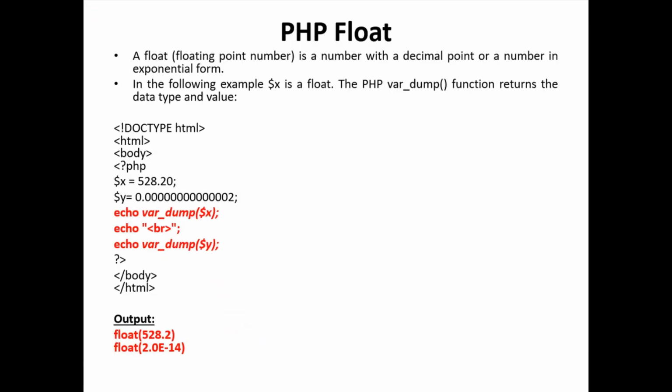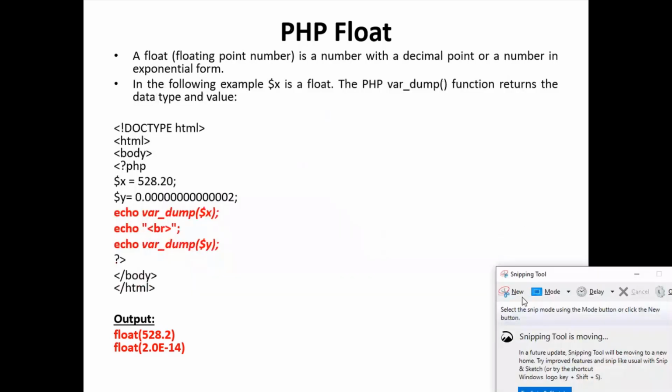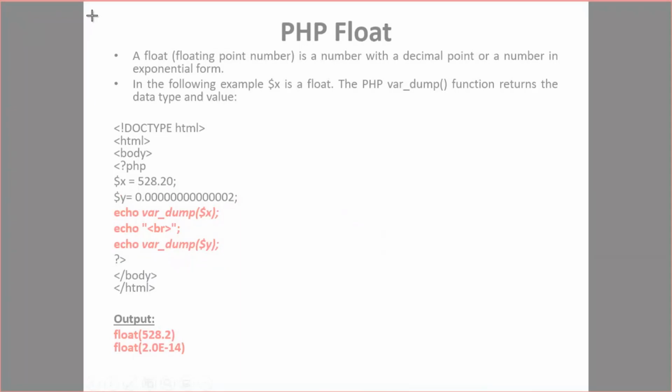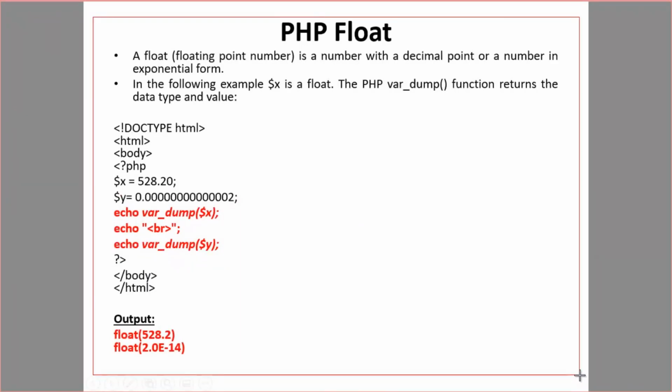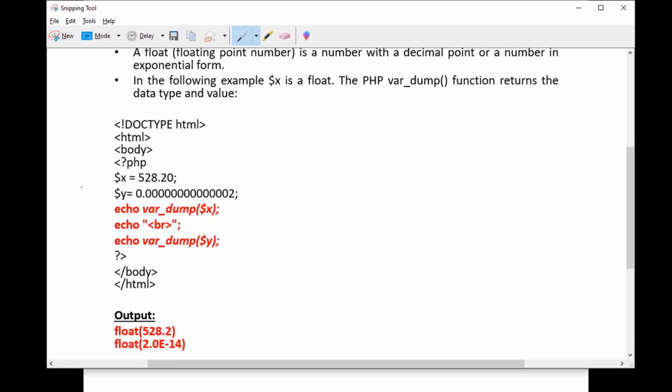Then PHP float. A float is a number with a decimal point or a number in exponential form. In the following example, $x is a float. So we use the var_dump function that returns the data type and the value. If you go through this program, we have used the PHP float variable instead of integers. So x is a PHP float variable which has the value 528.20.